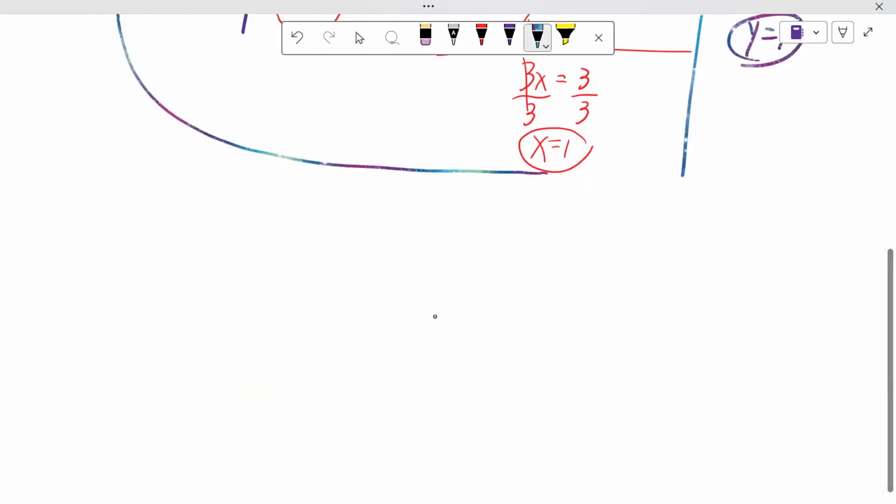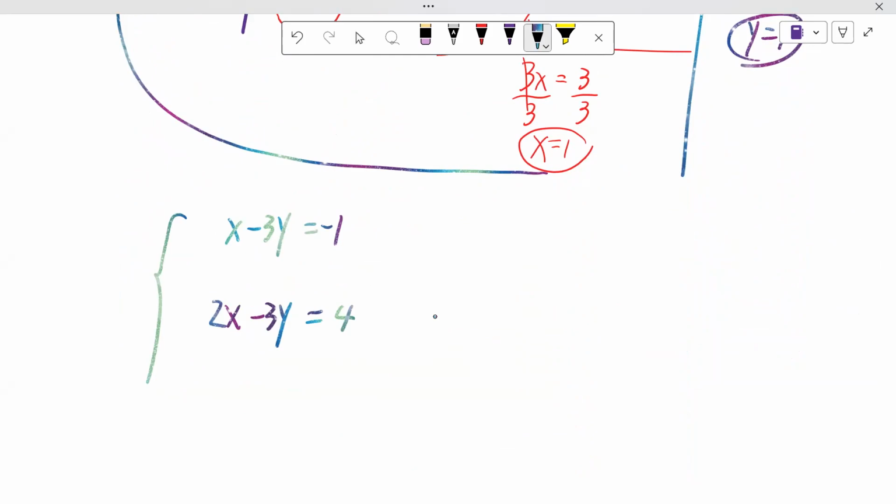Let's look at a little bit more sophisticated example. Let's say you have x minus 3y equal to negative 1, and 2x minus 3y equal to 4. We could definitely use the elimination method, but let's try the substitution method.